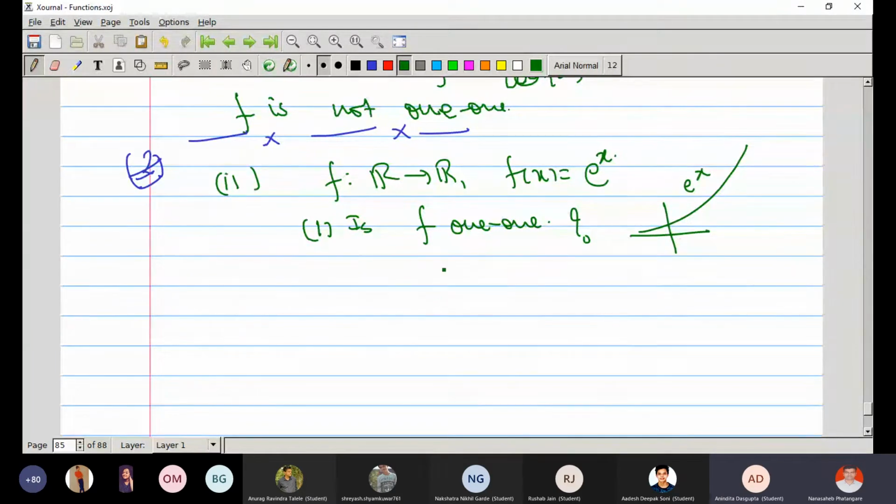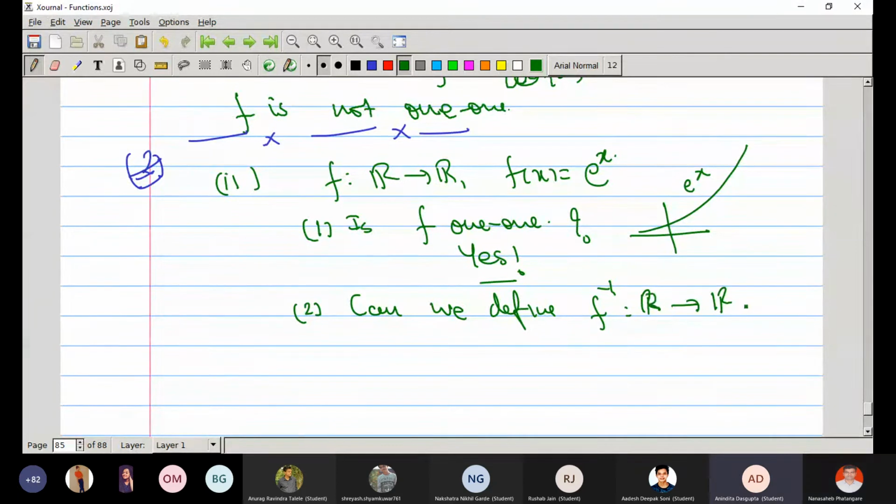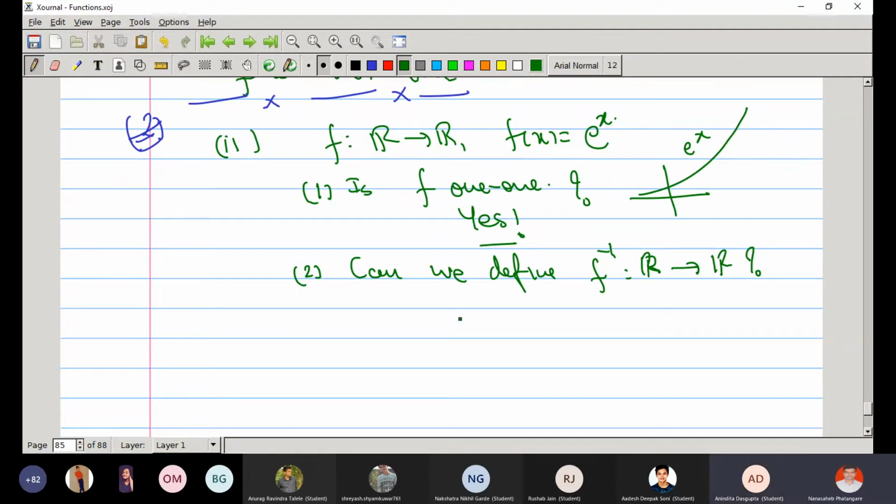Now, my second question is, can we define f inverse from the codomain R to R, because the codomain is R? For example, what is f inverse of -2?